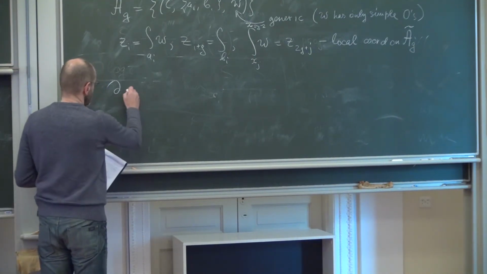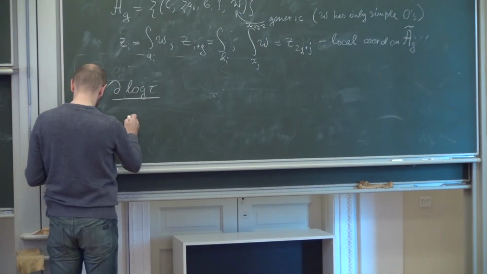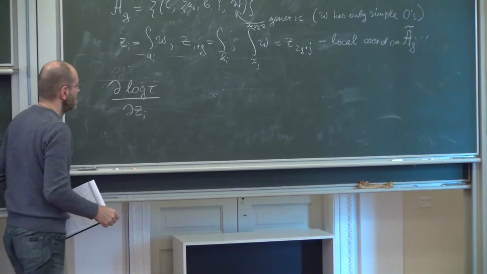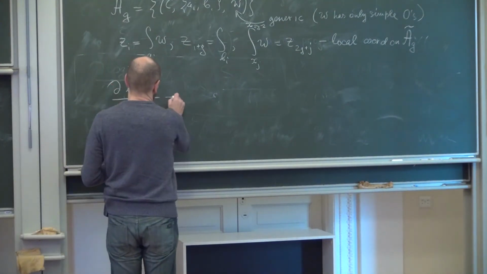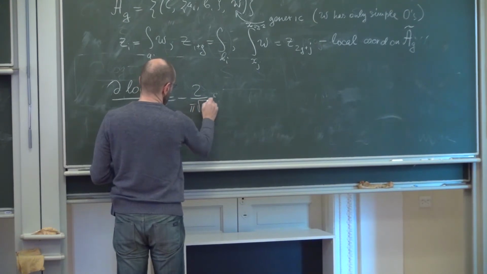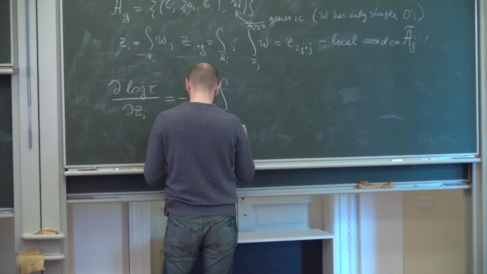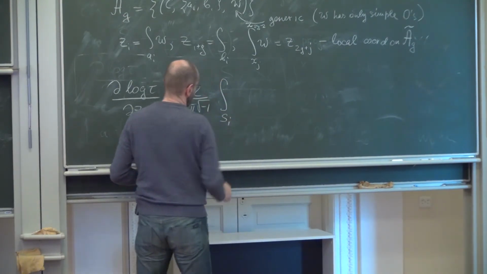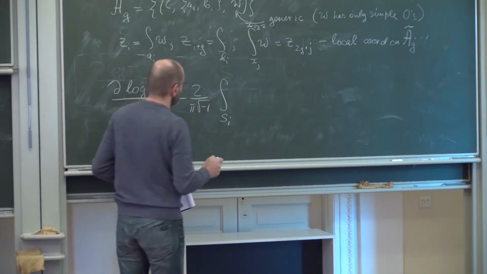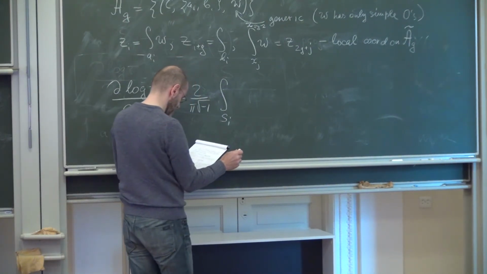So by definition, d log tau over d z i, where z i's are homological coordinates, is minus 2 over pi times square root of minus 1, integral over s i. What s i is I'll explain in a second.